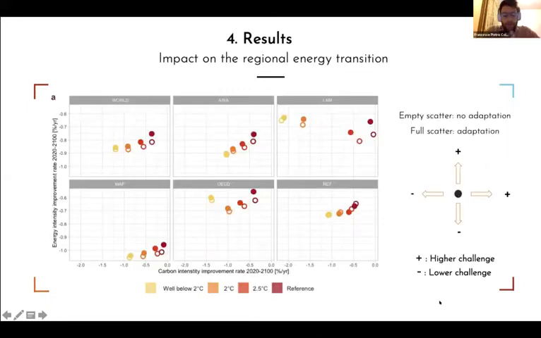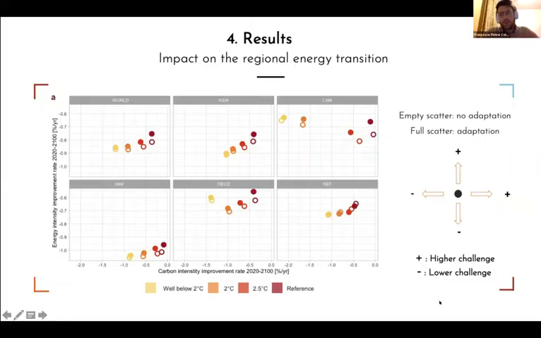So how does this push towards higher energy demand translate in terms of the implications for the energy transition? If we look at 2 metrics represented on the axes here, which are the average yearly energy intensity improvement on the y-axis and the average yearly carbon intensity improvement rate, we can compare a model run that doesn't include this adaptation feedback loop, which are the empty scatters, with the model run that includes the feedback.